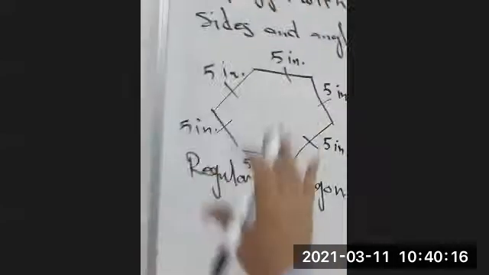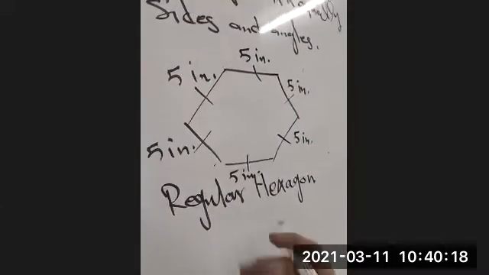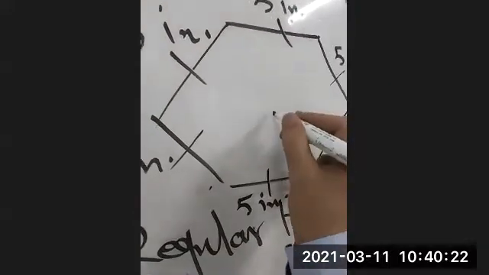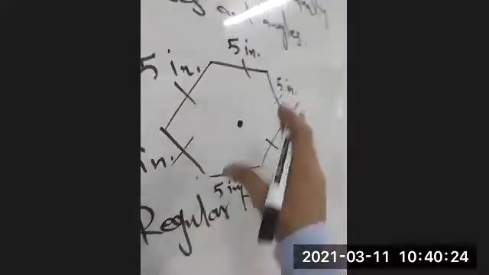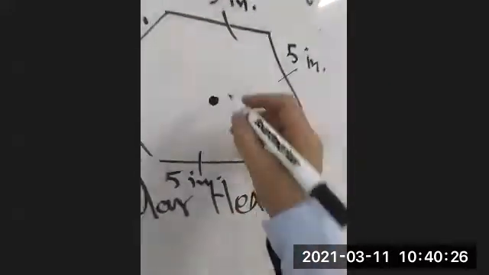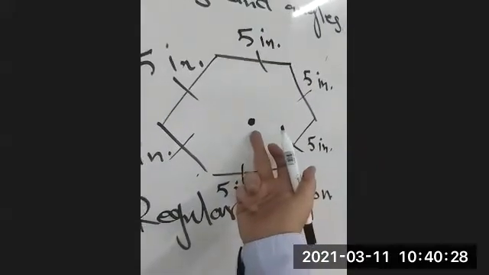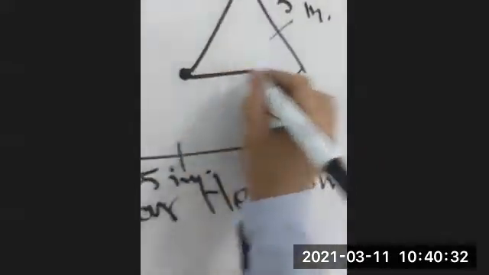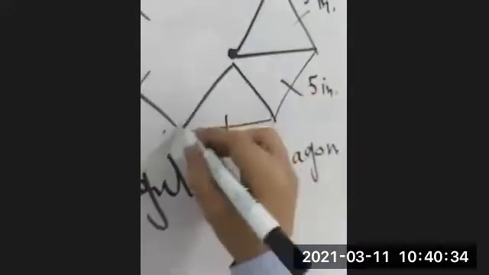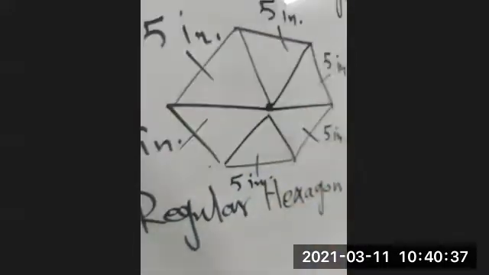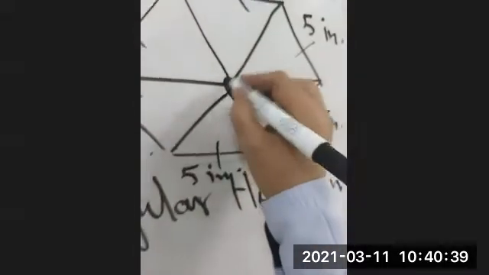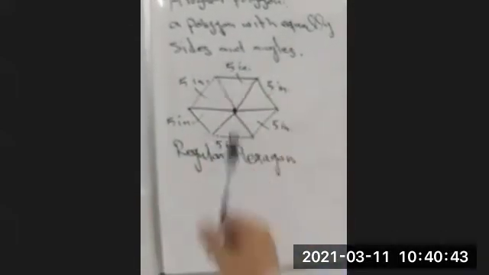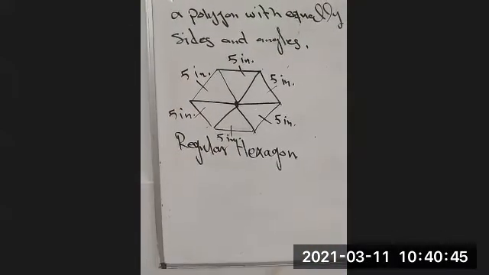For example, this one. The first step to find the area of the regular polygon, guys, is to split, to divide the polygon into triangles from the center of the polygon, like this. Look. I have a regular hexagon with base side 5 inches, okay?